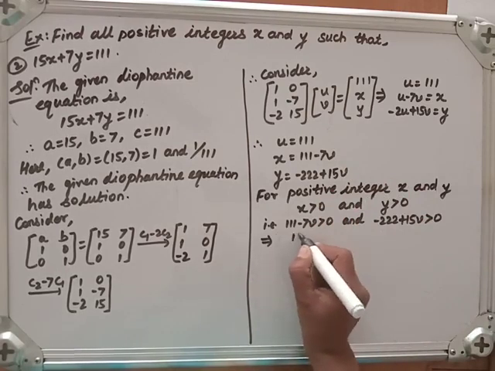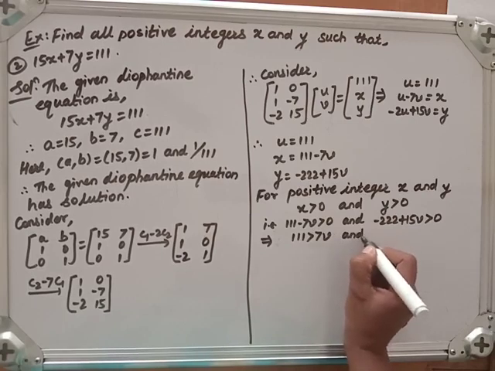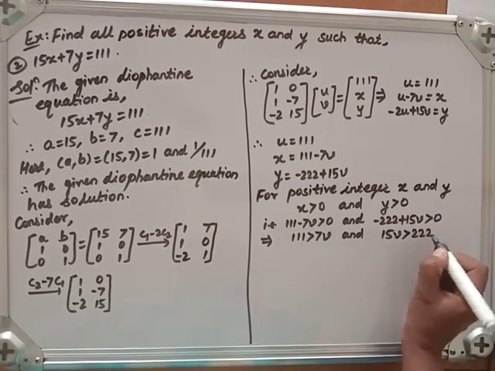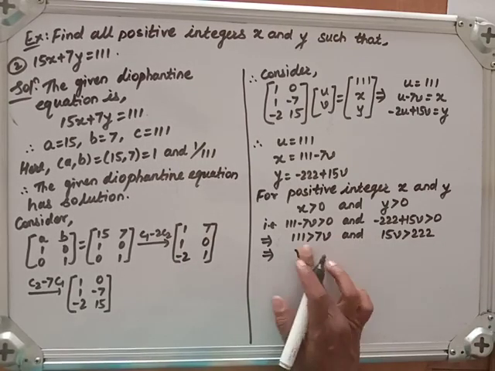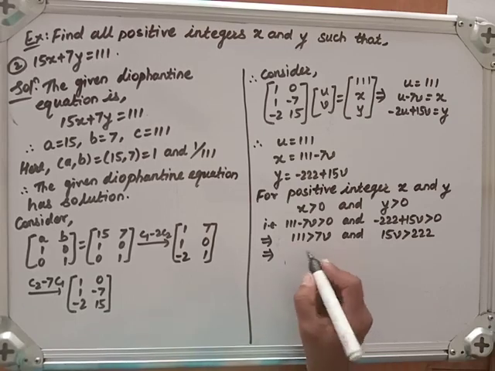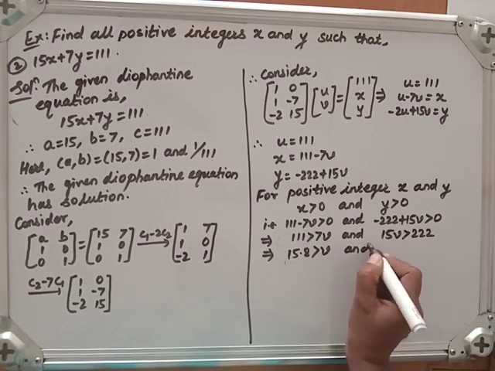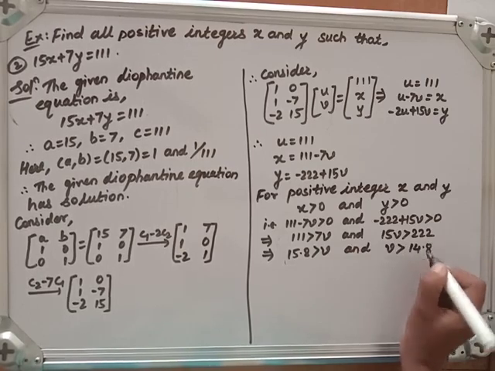That is equivalent to 111 greater than 7v and 15v is greater than 222. That is, this is 111 by 7, so 15.8 is greater than v, and v is greater than 14.8.